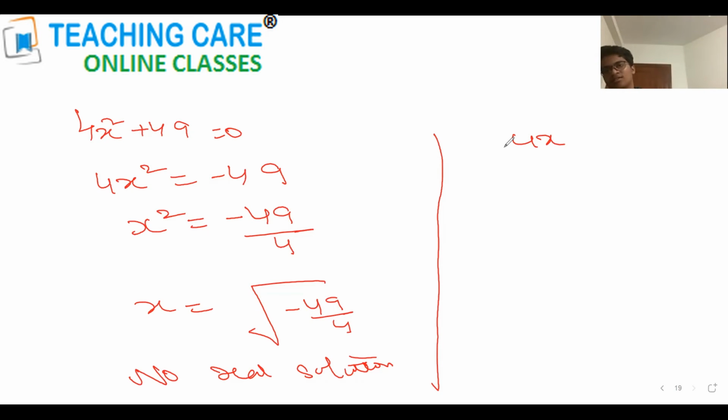Okay, so when we say not real, that means imaginary. What is imaginary? Those numbers, Bhavin, which cannot be represented on a number line. I can represent 0, integers, negative numbers, fractions, and I can even represent root 2, root 5.